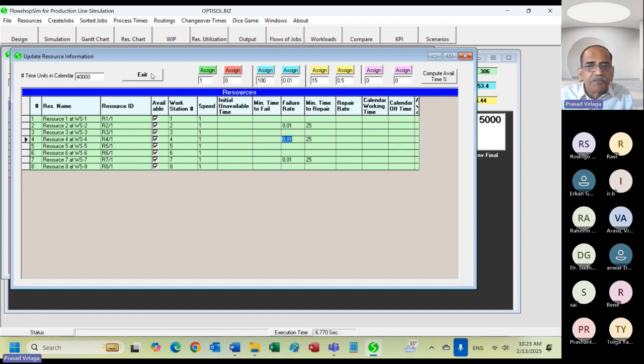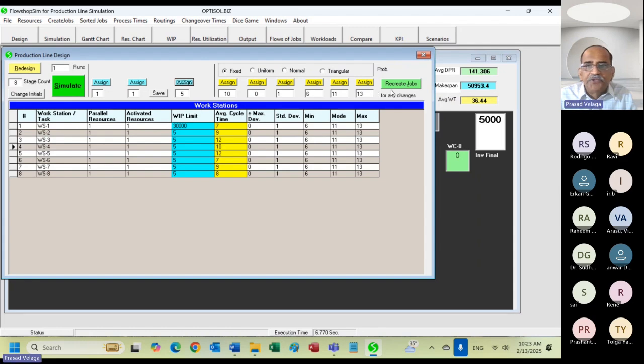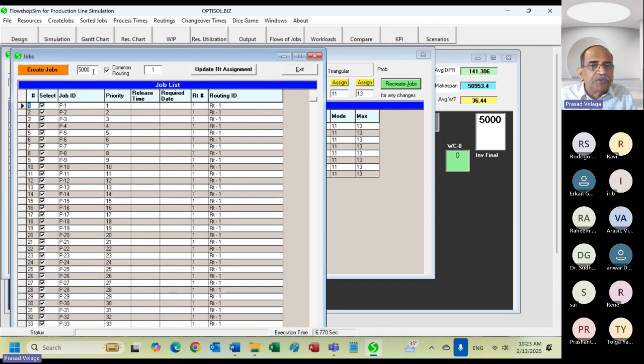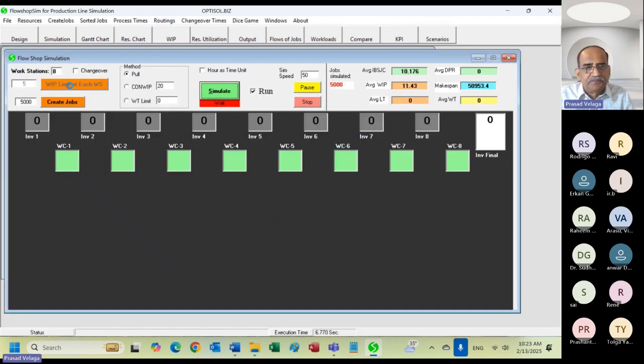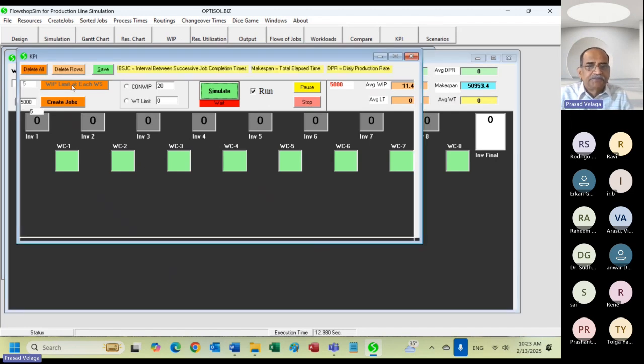So let us simulate this scenario. I need to simulate 5,000 pieces to be accurate, so I create the jobs. Now I'm going to simulate this case and see what happens. I'm simulating an unbalanced production line with no random variation in cycle times, but with machine failures.